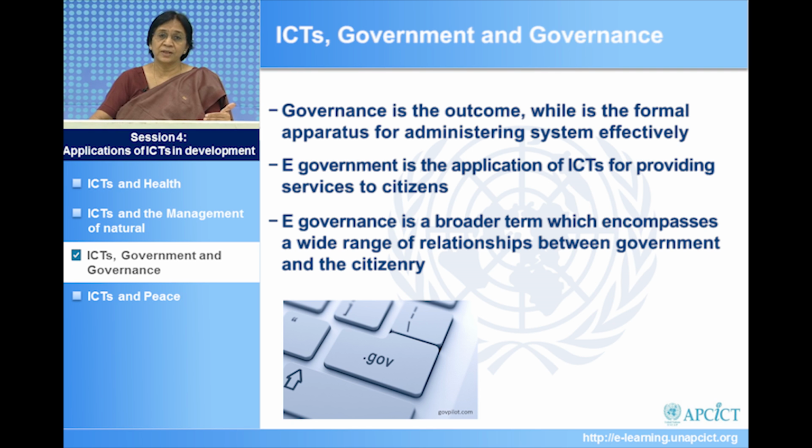All these are part of a larger governance mandate. But e-government specifically is the use of technology to provide services to citizens. And it is important that we understand this distinction.